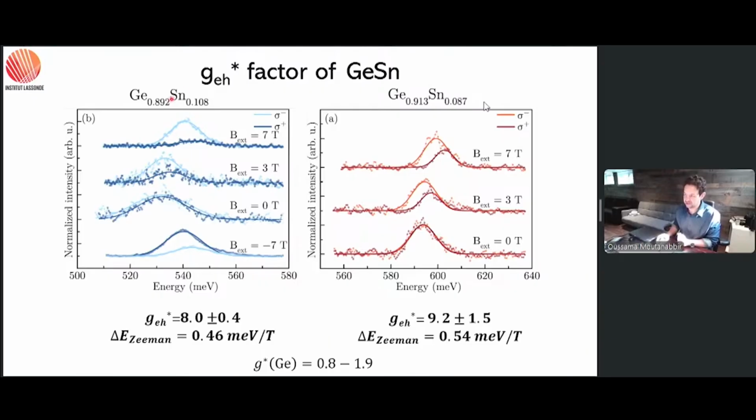If you take a germanium-tin alloy at 10%, which is a direct bandgap material, the effective g-factor is around 8, and around 9 for 8.7%, where the band structure is complicated because we have contributions from both gamma and L valleys. We expected to have a higher g-factor in these alloys, and the first measurement confirmed this.